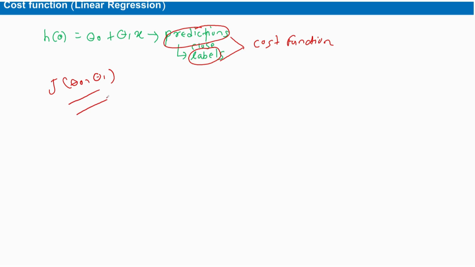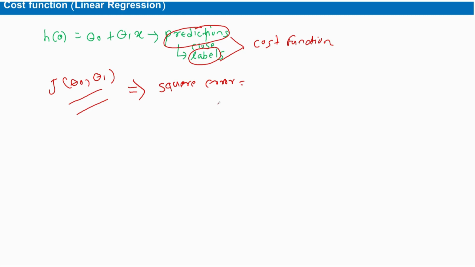Inside linear regression, the most famous cost function that people use is called the squared error cost function. In regression problems this cost function is most popular, and researchers have also found that it gives better results.